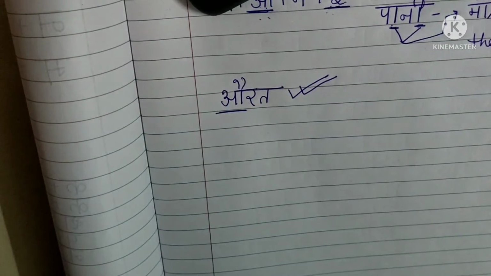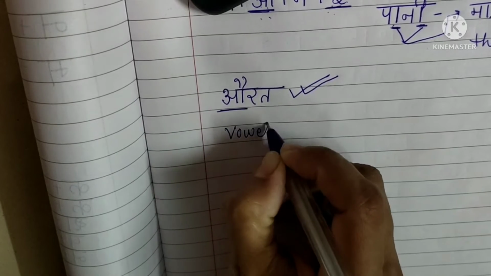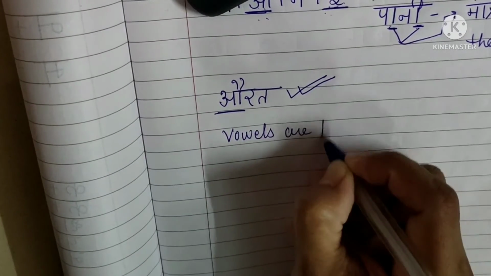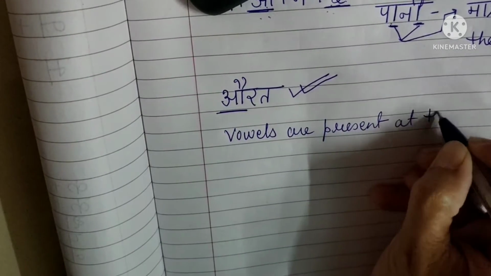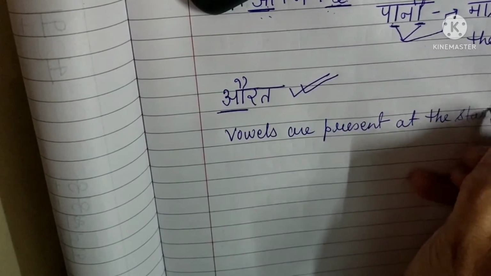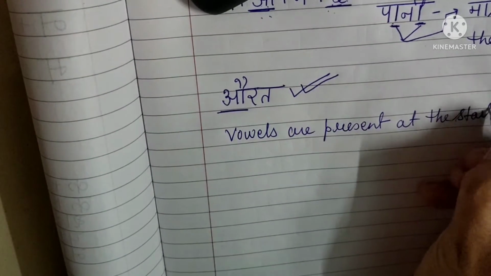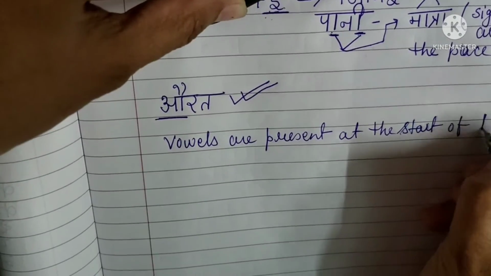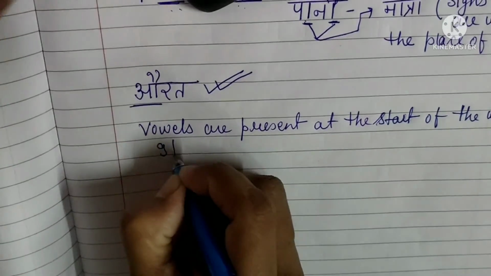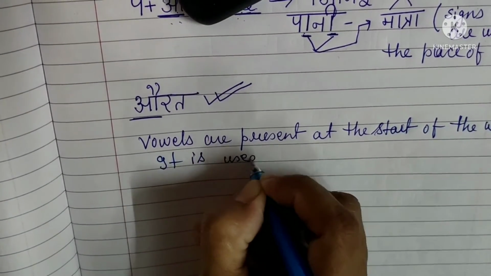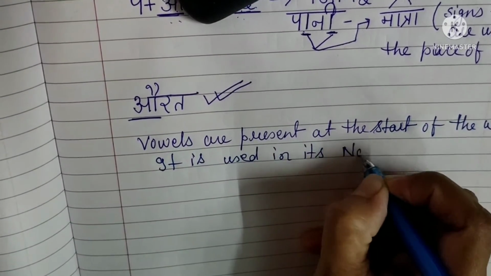So understood? If vowels are present at the start of the word, they are used in their original or native form.